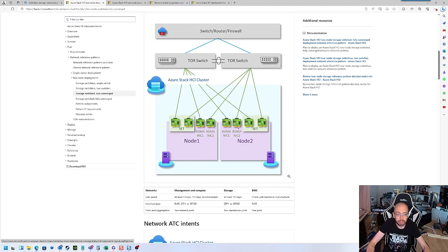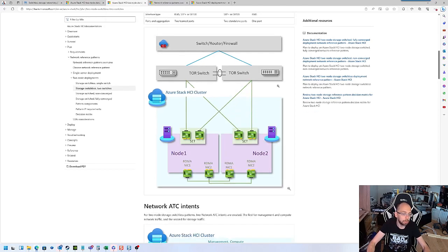But you need to follow up a bit more the complexity and also the requirements of your switch. I will link them in the description so that you can check your switches if they support the required features.